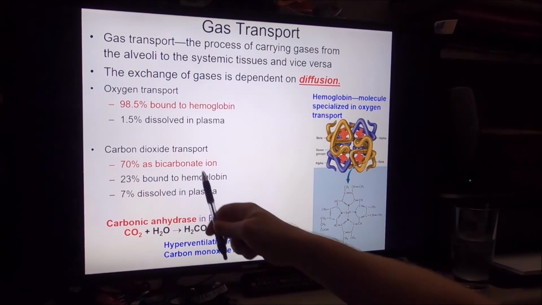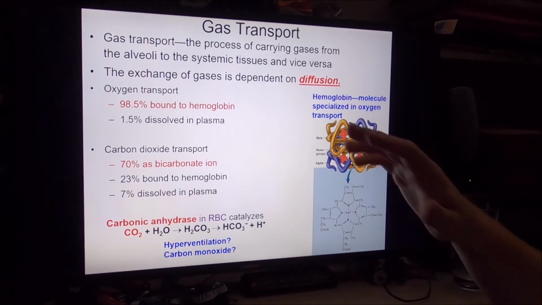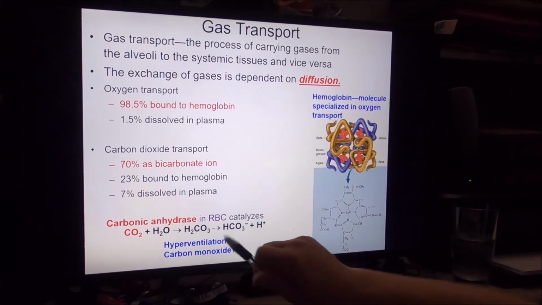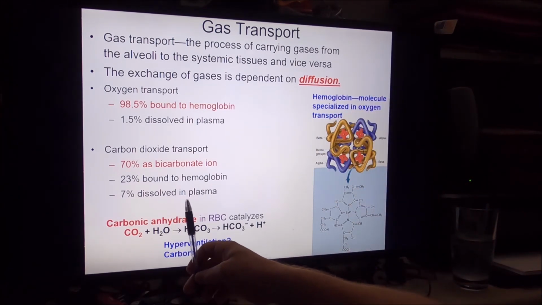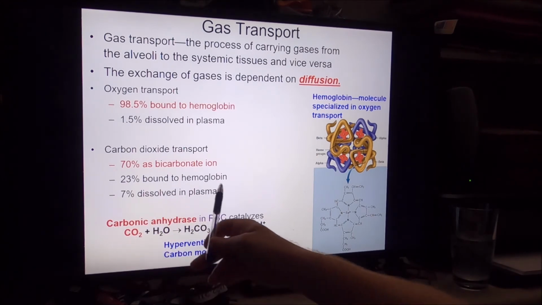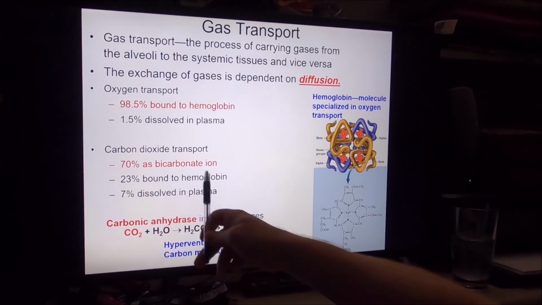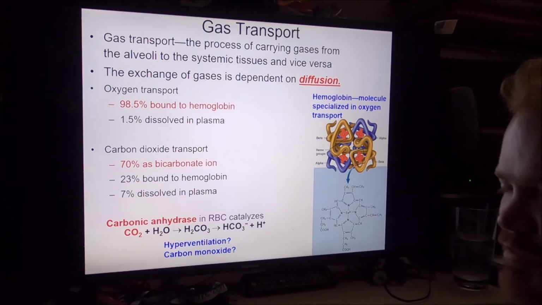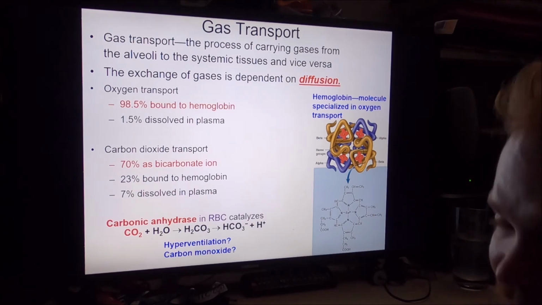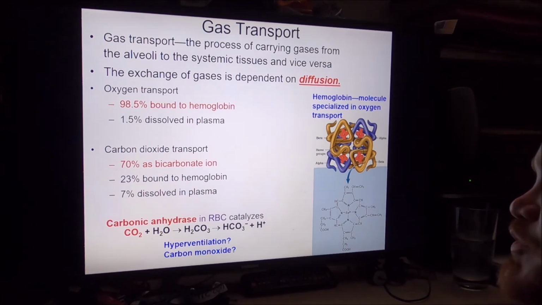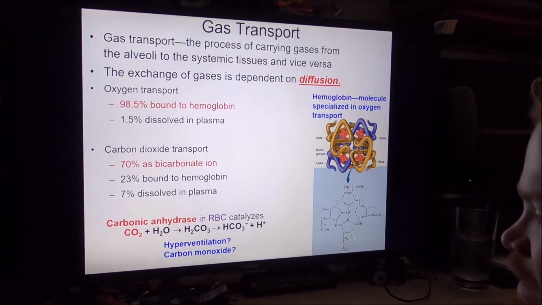At the end of the day, we're making bicarb. It goes through a couple steps. It's all catalyzed. You can think of carbonic anhydrase as a catalyst that turns carbon dioxide into bicarbonate, so it can travel in the blood plasma. So this actually happens in the red blood cells, but then the red blood cells will offload that bicarbonate, and it flows around in the plasma.